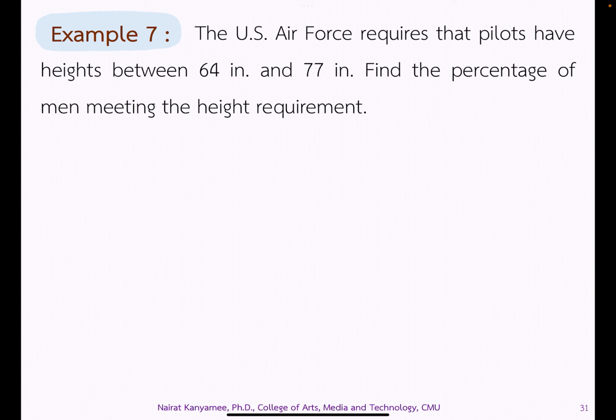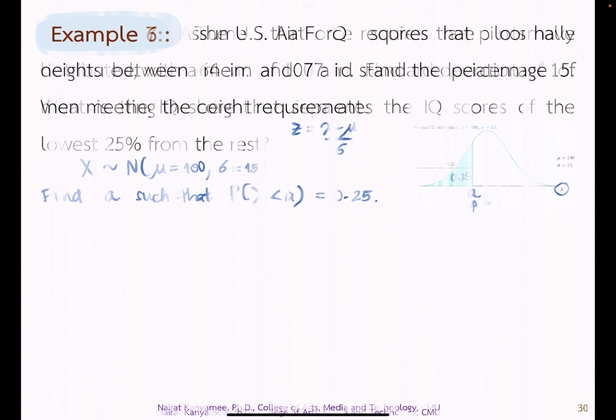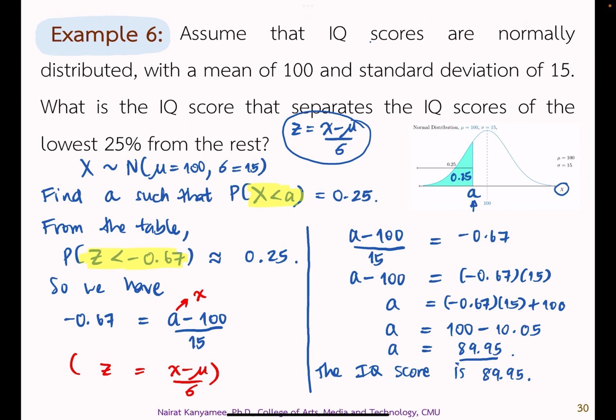Find the percentage of men meeting the height requirement. So we are looking for the percentage of men meeting the requirement here. In the previous example, I forgot to set the IQ score as x, sorry.